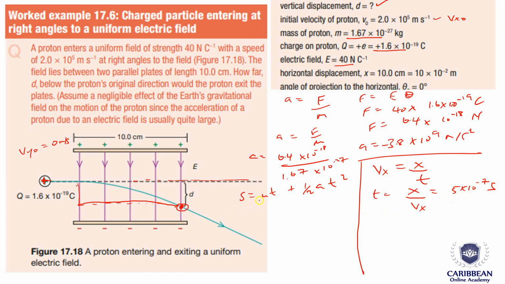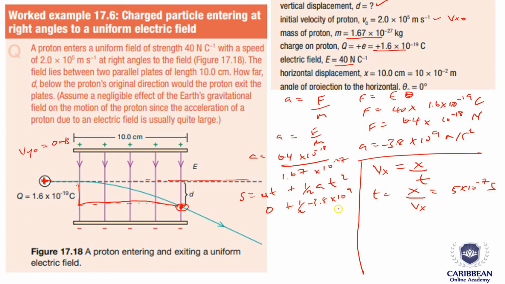Now remember that our u here is the initial vertical velocity, and that is 0. So this goes to 0. Then we have plus a half, and we know the acceleration now, which is negative 3.8 times 10 to the 9.